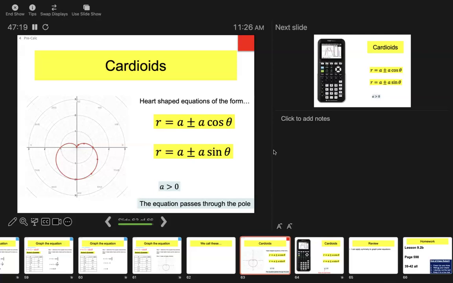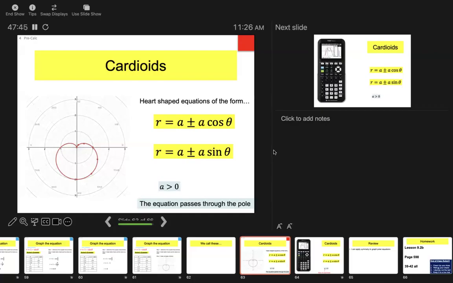Now it's r equals 2 minus 2 sine theta. I asked what theta was: just use the x button. See what it says, x, t, theta, n? There you go.